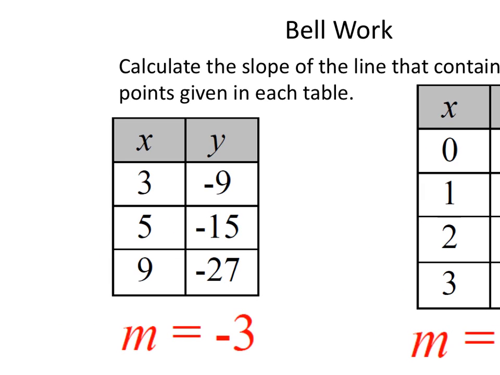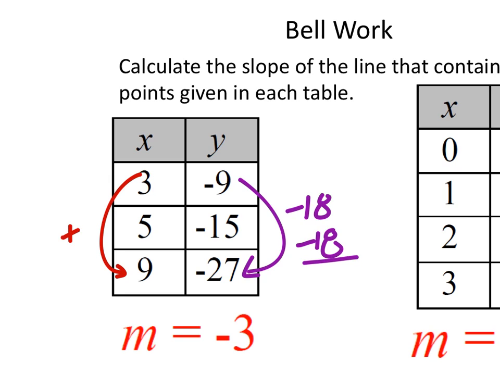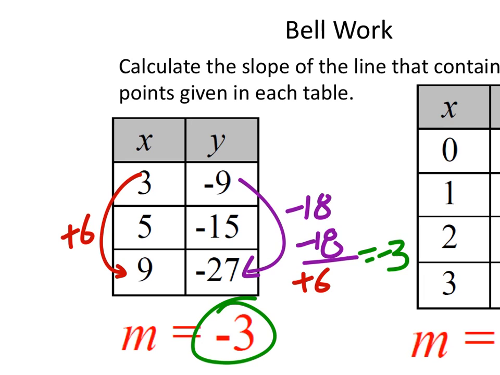But this first table, for example, from -9 to -27, it went down 18. And that is our y value, which is the numerator. And then the x, this one went up by 6. So -18 divided by +6 is -3. That's what we got right here.